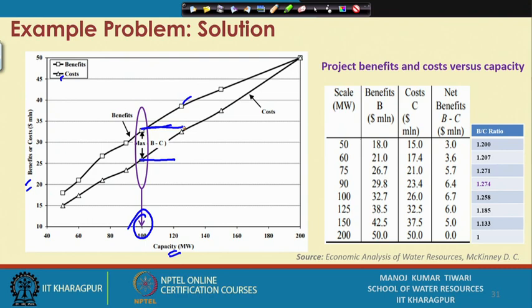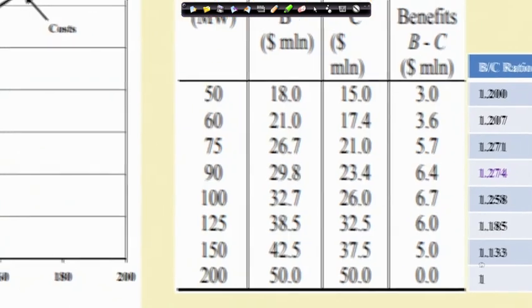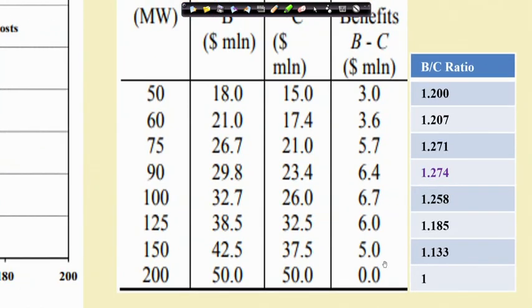However, if you see the benefit cost ratio, which is one other parameter typically used for analysis purposes, it is evident to see that the benefit cost ratio for different alternatives is here.